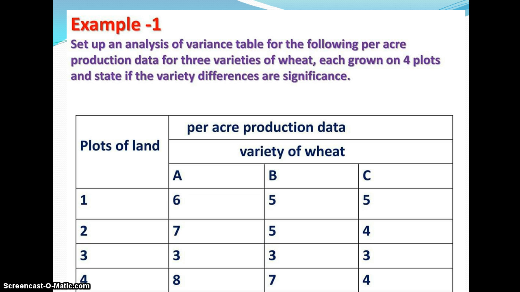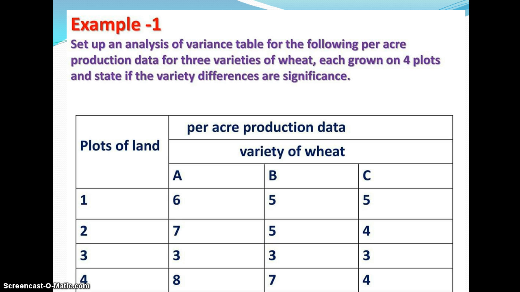So as per the statement, there are four plots of land and there are three varieties of wheat, that is A, B, C, and these are the per acre production data.